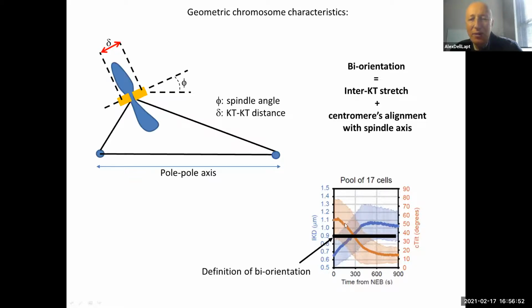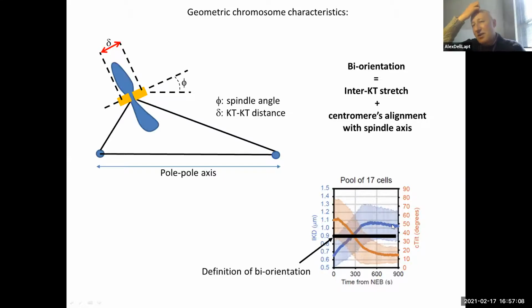When we plotted these two characteristics as a function of time for a number of tracked cells, we see that the angle indeed goes down to something very close to 0, and the kinetochore distance gets stretched.